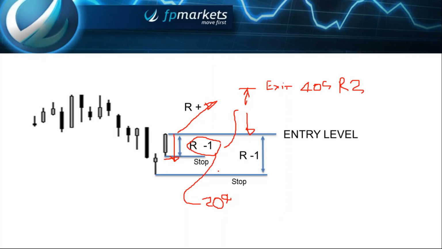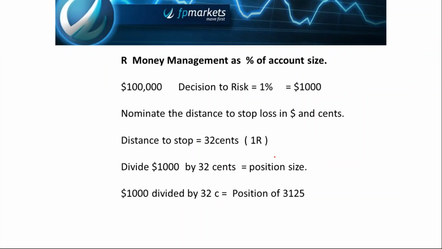It is 2 times what we risked along the way. It's a good way of measuring performance or measuring outcomes in your trading. It's a very, very simple observation of the price and basically price profit analysis.